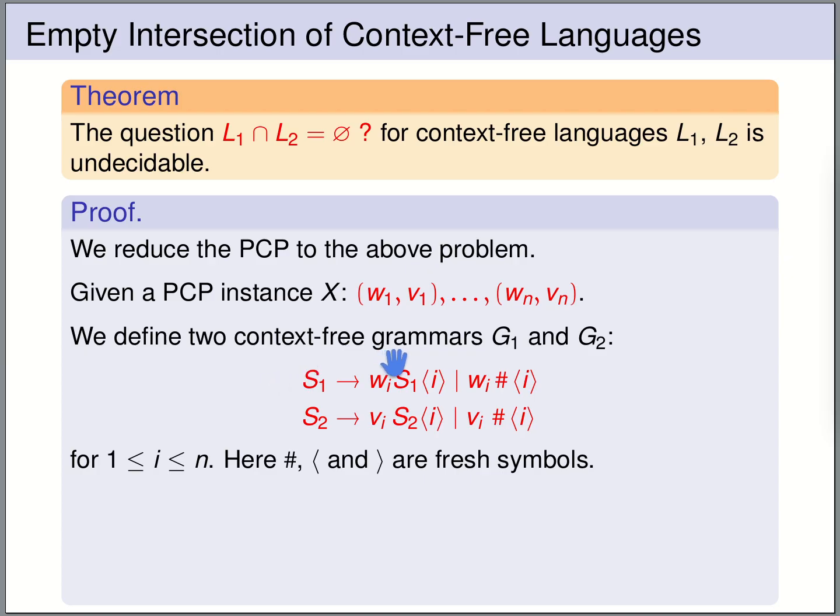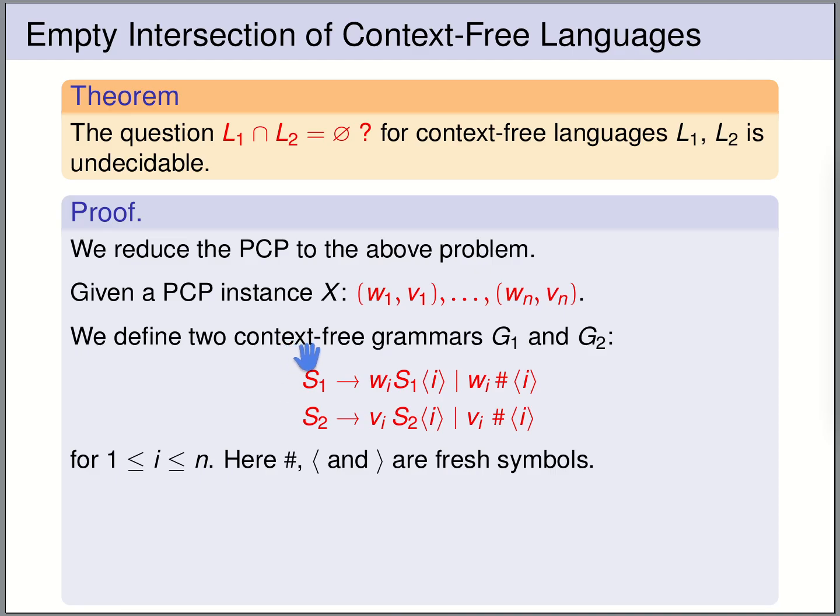It contains 2 rules for every pair in our PCP. So for every i between 1 and n, we have these 2 rules. We have a rule from the starting variable S1 to wi S1 and i in brackets, or to wi hash and i in brackets. The hash and the brackets are fresh symbols.